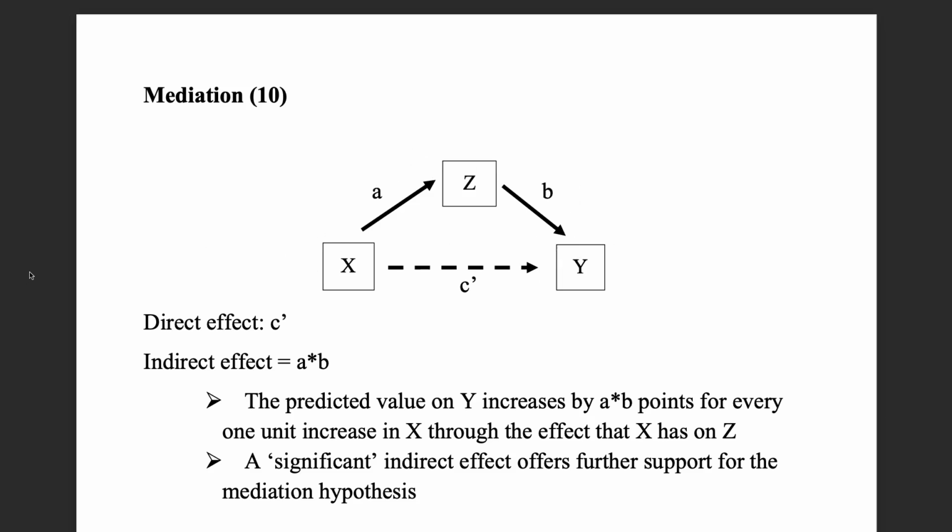Because then you would need to have one single way of testing that. So that would be even greater. If you want to go even further in supporting your mediation hypothesis, you would want to say something about the null hypothesis that this indirect effect in the population is 0 against the alternative hypothesis that it is not 0, that it's larger, or that it's smaller than 0.